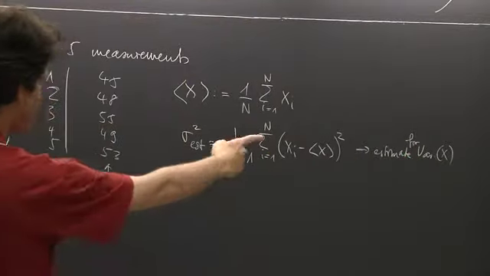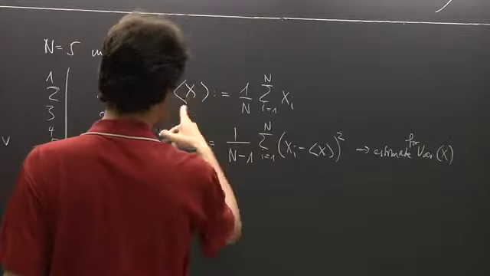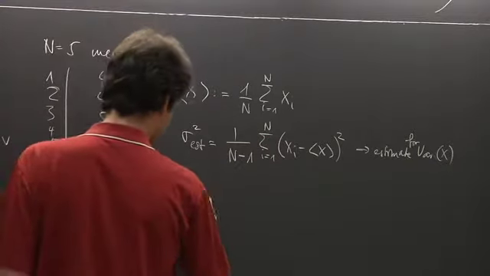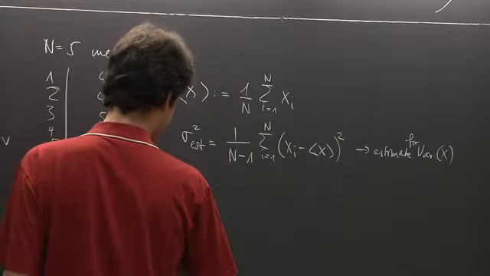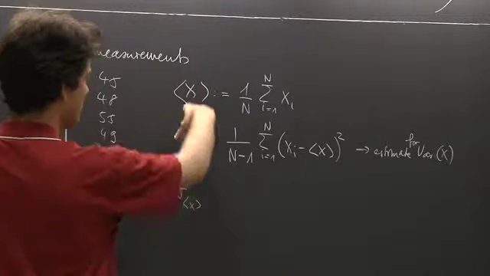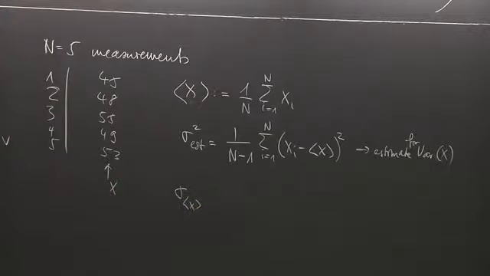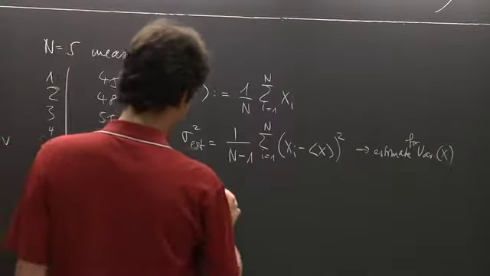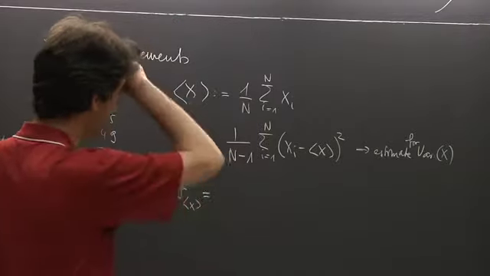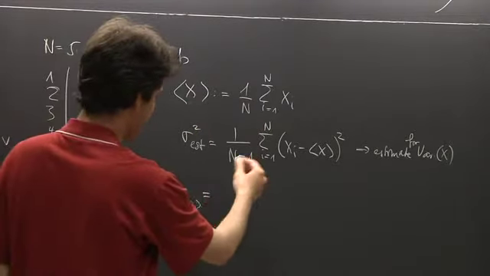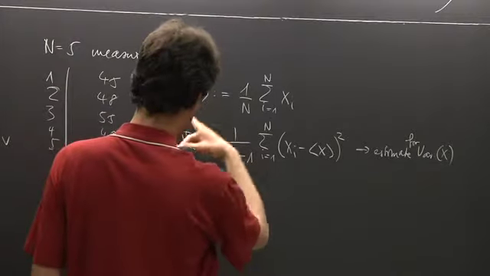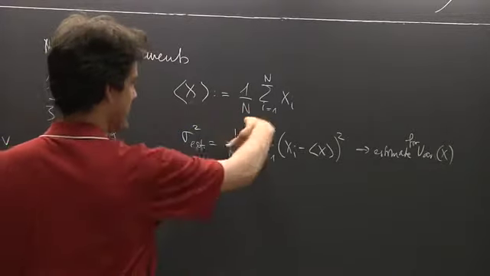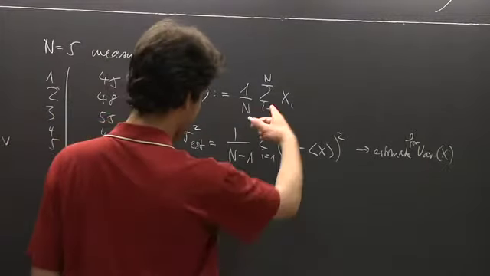Now, why is that interesting? Because in principle, we want to know how good is our estimate here. In order to know how good the estimate of this quantity is, we should know what is a typical fluctuation of this random variable. And this, by the laws that we derived last time, is the variance of a sum of independently drawn variables.